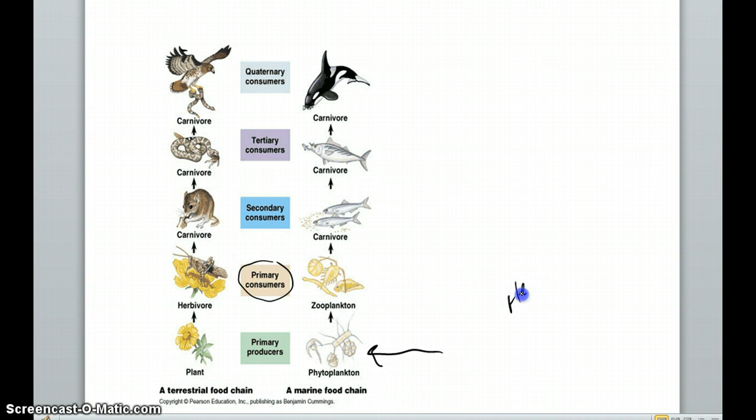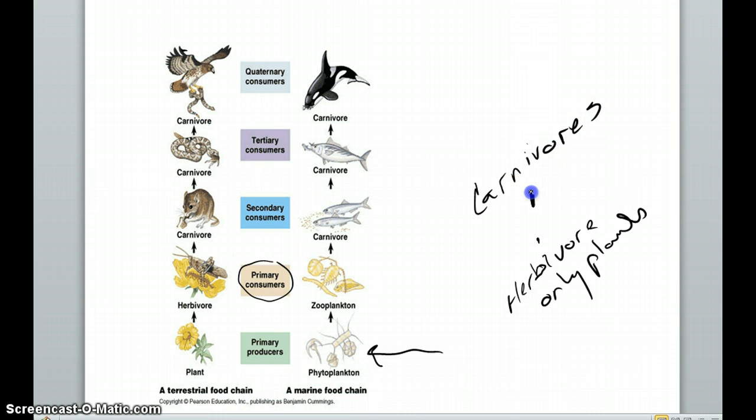So a herbivore eats only plants. Carnivores eat other animals. So carnivores are meat eaters. And by meat I could mean insects, it's just not plants.